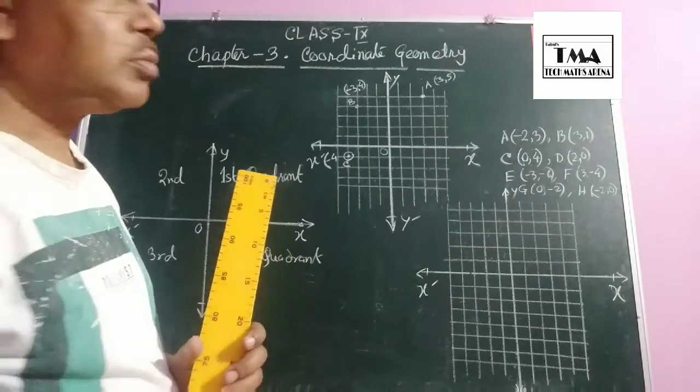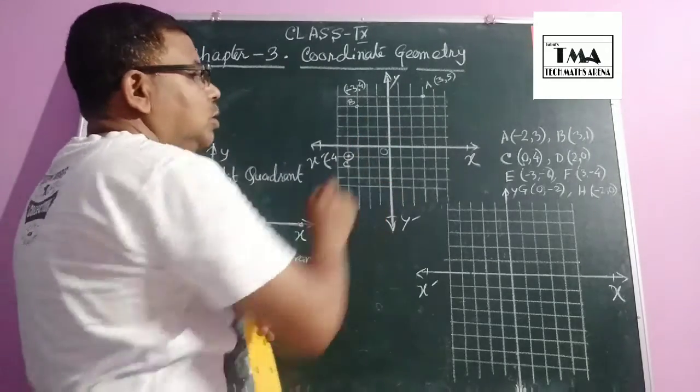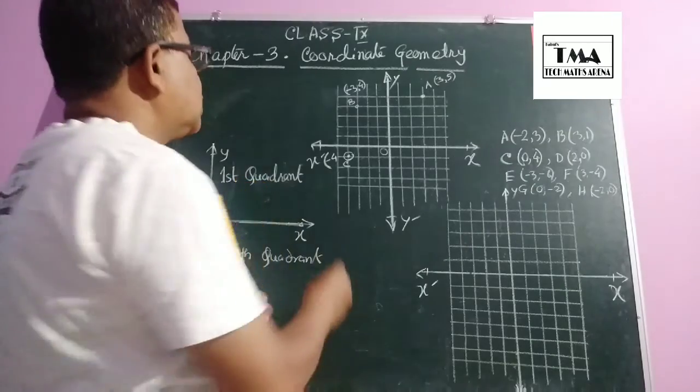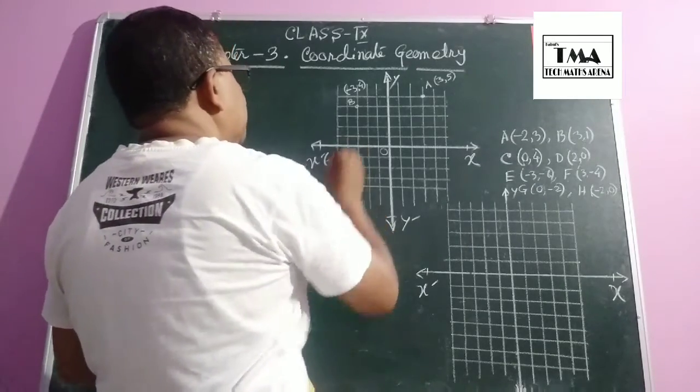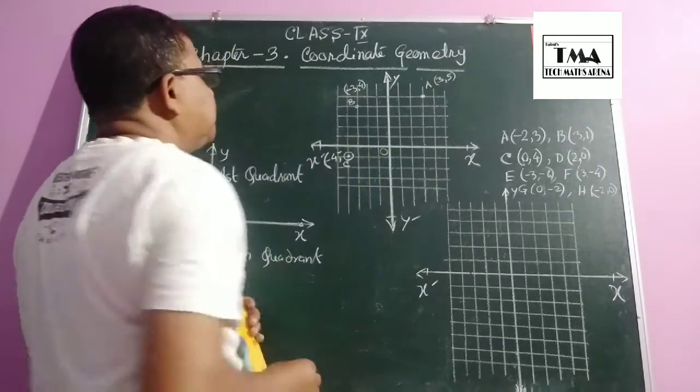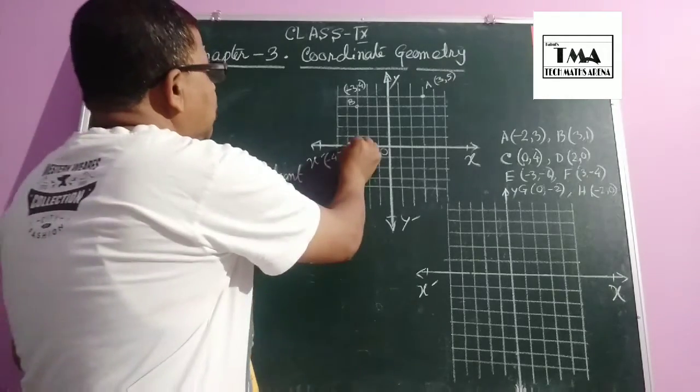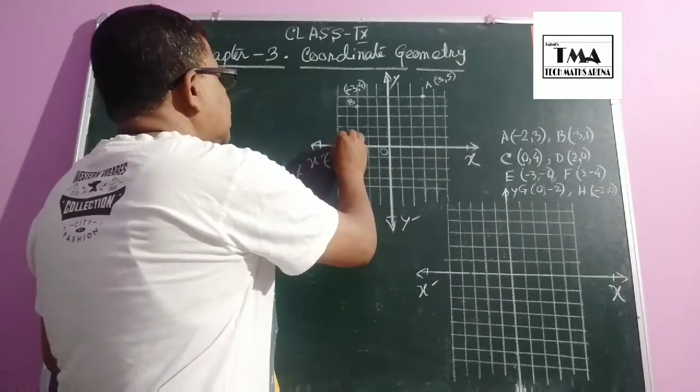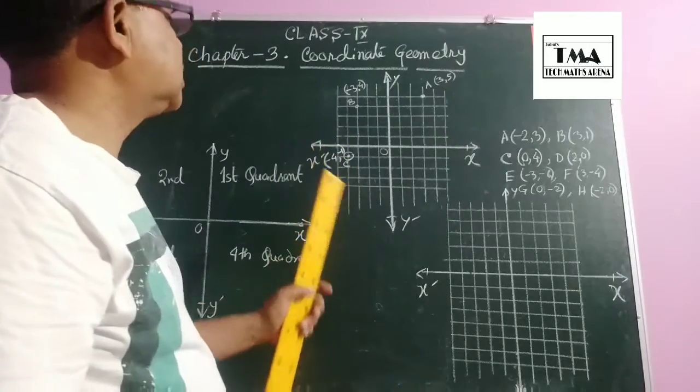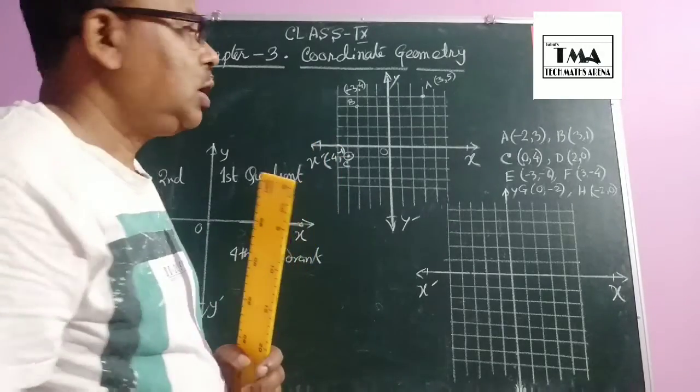And then the y coordinate is along the negative y-axis, so it is also negative. And it is only one unit from here, so the coordinates of C are (-4, -1).